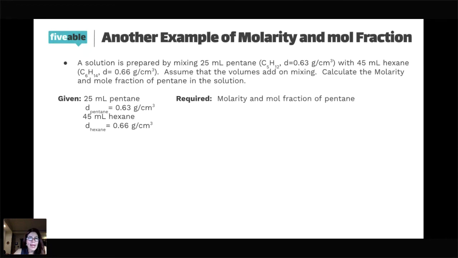Remember that the molarity is moles of solute over liters of solution. Which data could we use to get moles of solute, in this case, pentane? How can we use this data to get moles of pentane?